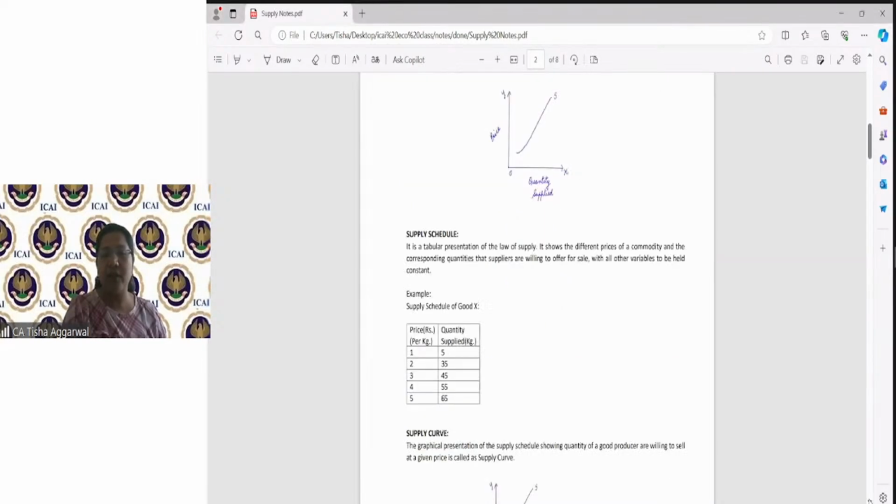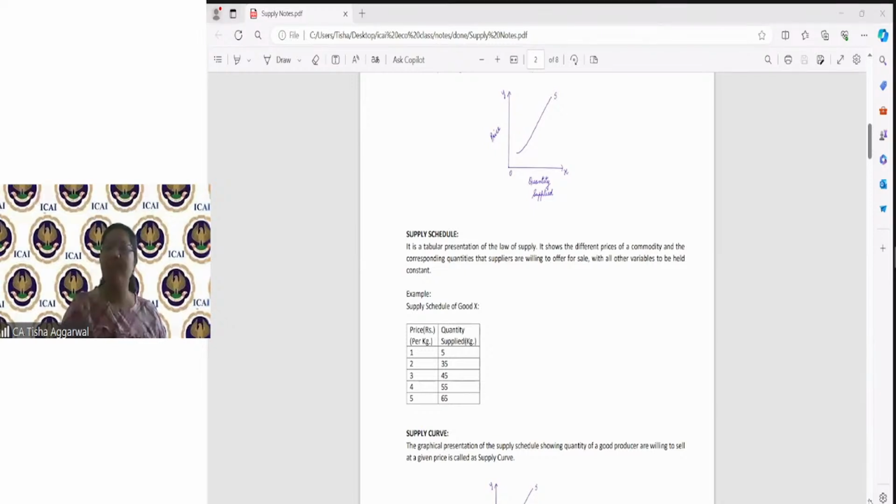And fourth, if the price becomes 4 rupees, the quantity supplied becomes 55. If the price becomes 5 rupees, the quantity supplied becomes 65. Can I say whenever the price increases, the quantity supplied also increases? Okay. This tabular manner is what is known as the supply schedule.